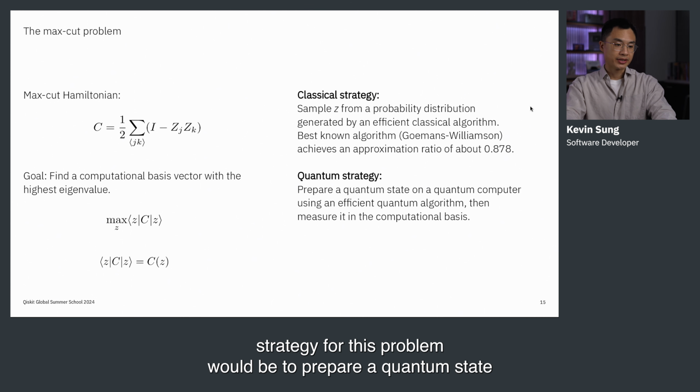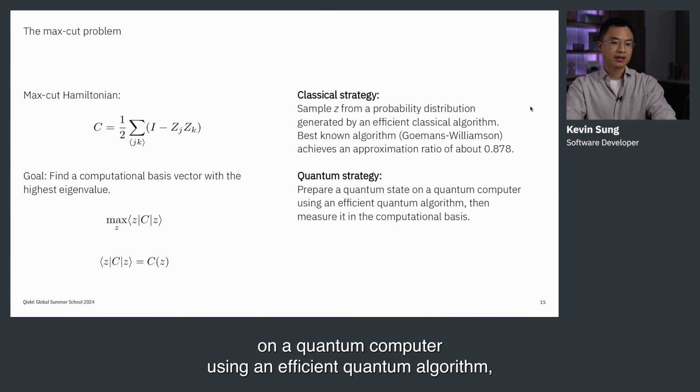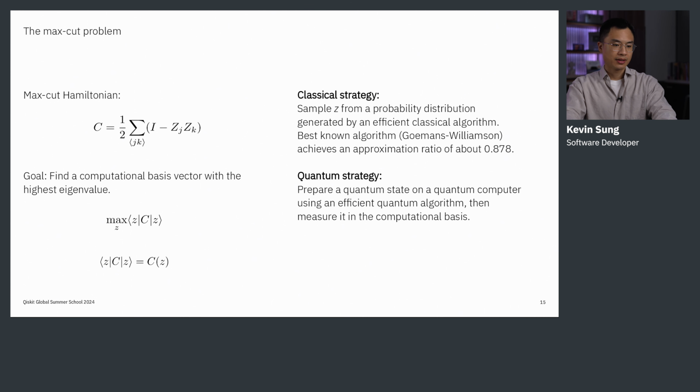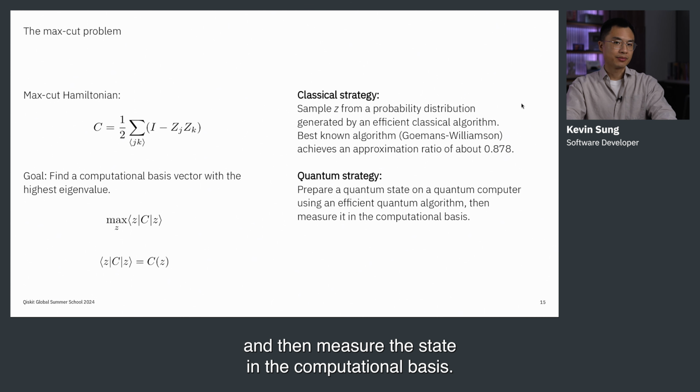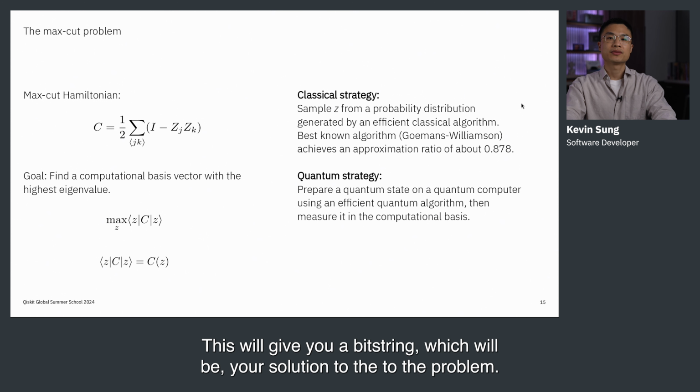The quantum strategy for this problem would be to prepare a quantum state on a quantum computer using an efficient quantum algorithm, and then measure the state in the computational basis. This will give you a bit string, which will be your solution to the problem.